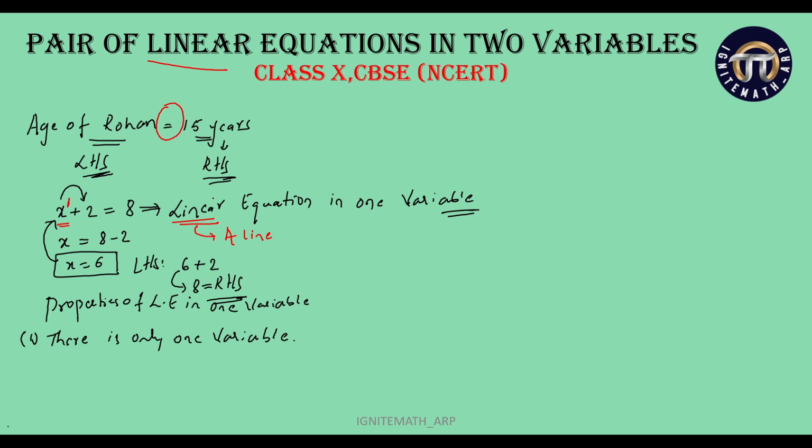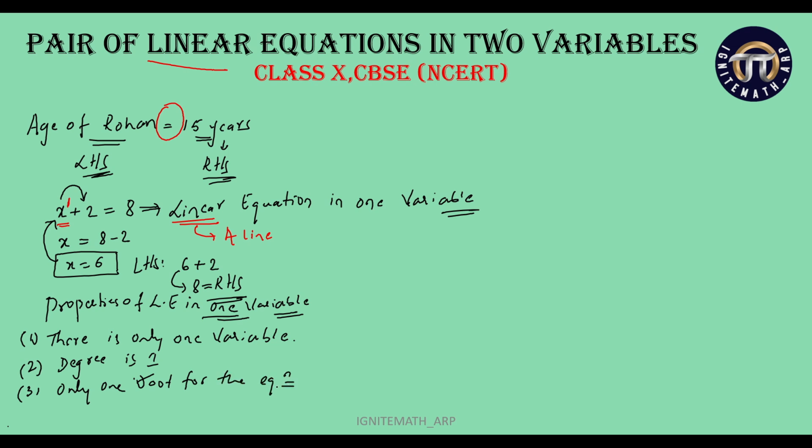No, you cannot say it. So the name itself suggests it's one variable. The second one is the degree of the equation is 1. Highest power of the variable is 1. And the third property is only one root. Only one root for the equation.